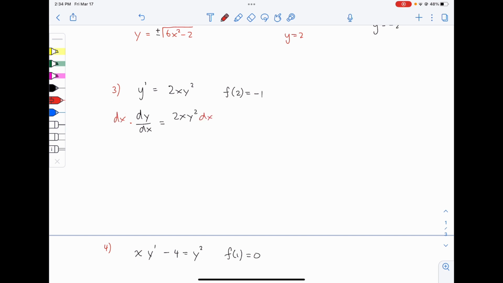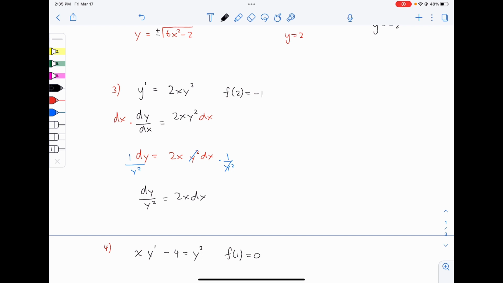So I get dy is equal to 2x y squared dx, but then I'm going to multiply both sides by 1 over y squared. These two naturally cancel out, and you get dy over y squared is equal to 2x dx.